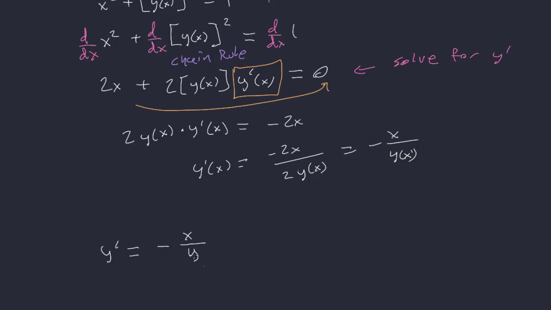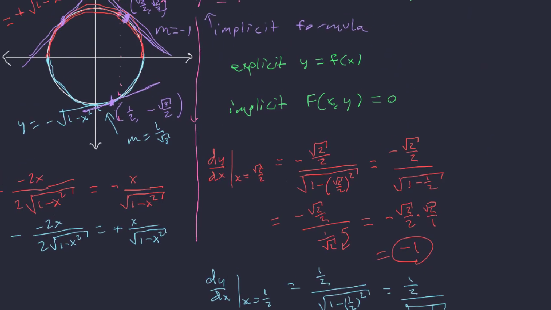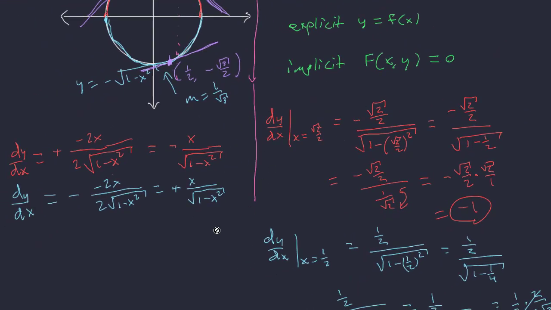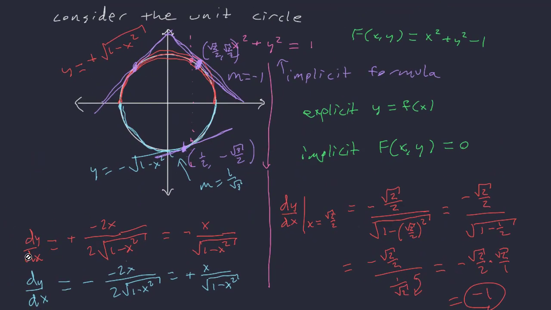which is actually pretty interesting if you think about what we saw before. In both cases, we got a negative x over y because, well, in the blue case, y was negative square root of this thing, so the negatives canceled. And here in the red, y was the plus square root of the thing.